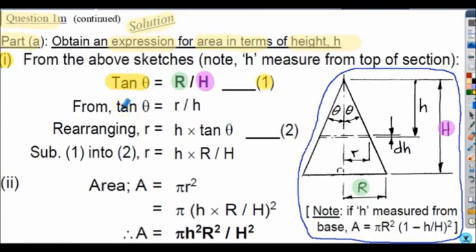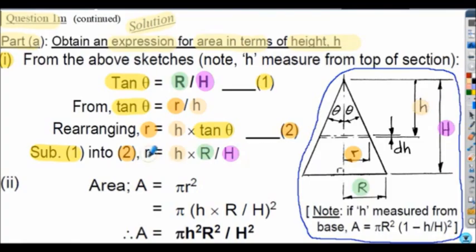And we can do the same for tan theta, but this time in terms of lowercase r and lowercase h. If we rearrange this equation for r, multiply both sides by h, so r is equal to h multiplied by tan of angle theta, that's equation 2 here. We can then substitute equation 1 into equation 2, so the tan theta is now replaced by capital R over capital H, multiplied by lowercase h.